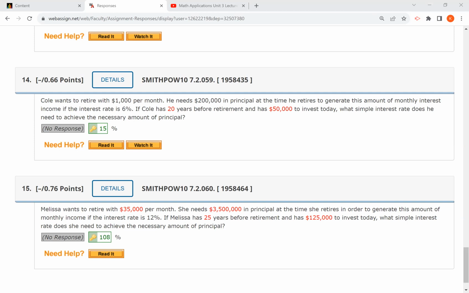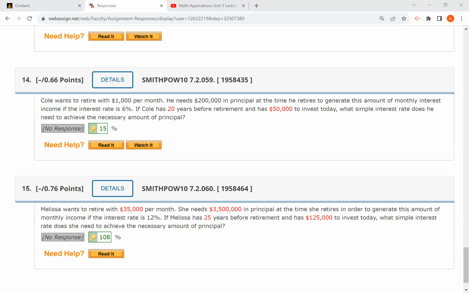So I hope this helps you get through number 14, and number 15 is similar, just different numbers. Sometimes, if they're starting out with a very low amount and they think they need a whole lot of money, they may have a very big interest rate that they would need, which would not be a realistic way to earn that amount of money in terms of being able to live off a certain amount per month.